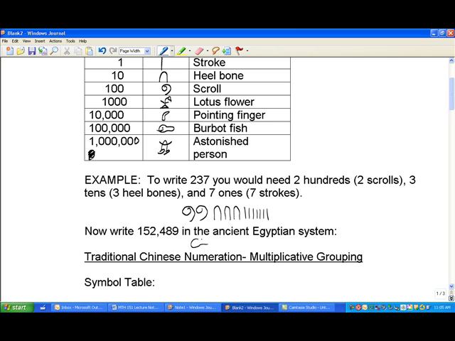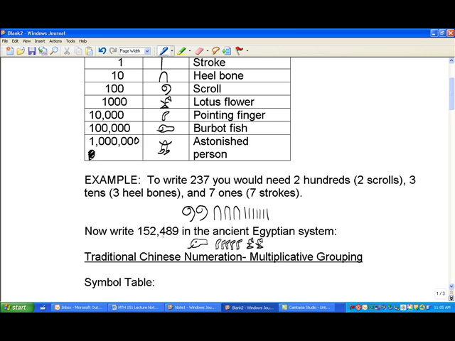So for the 100,000, we need our burbot fish. 5 for the 50,000 means we need 5 pointing fingers. 2,000 means we need 2 lotus flowers.